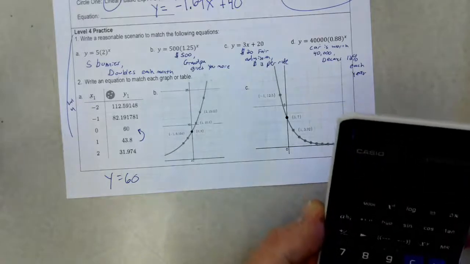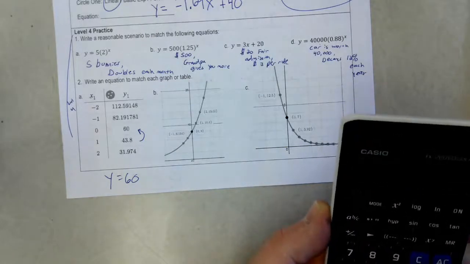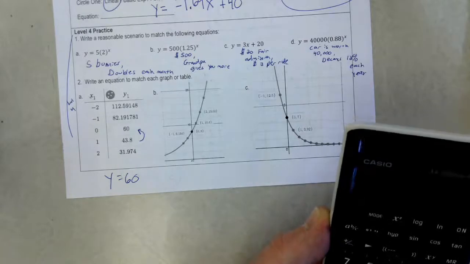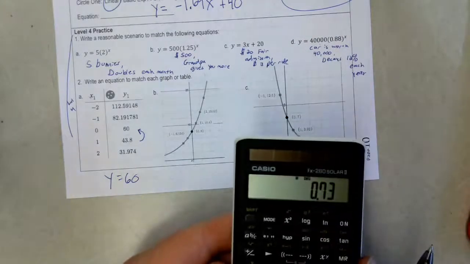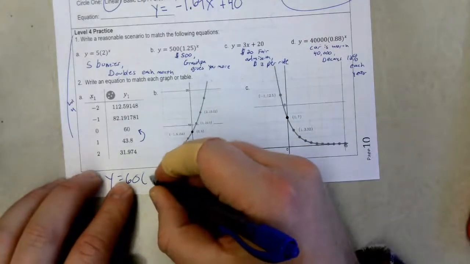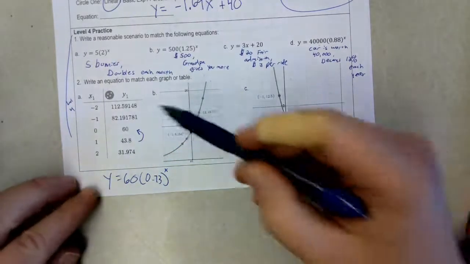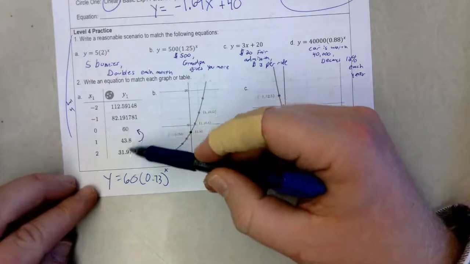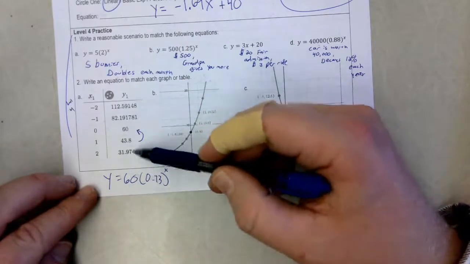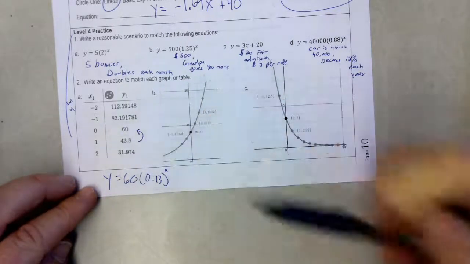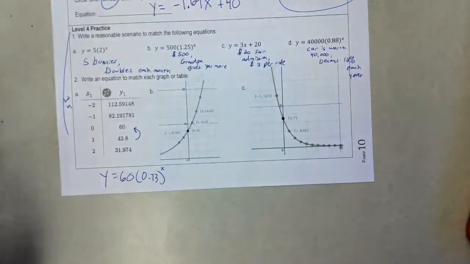That seems like it's going to be pretty easy. 43.8 divided by 60. We are going to get a decimal number, and that's okay. So 0.73. My growth rate is 0.73, and then my x. What that means is each of my y values is decaying by 0.73, and that makes sense because it's a growth rate less than 1.